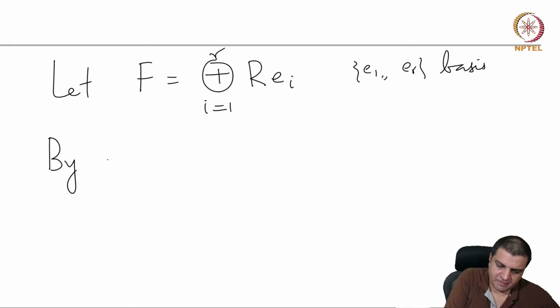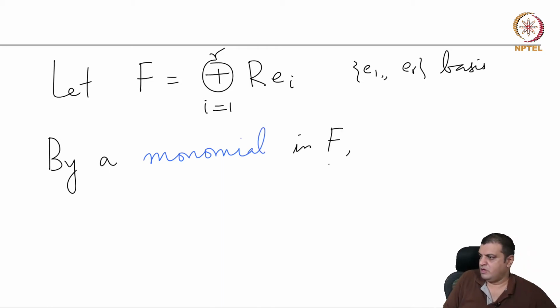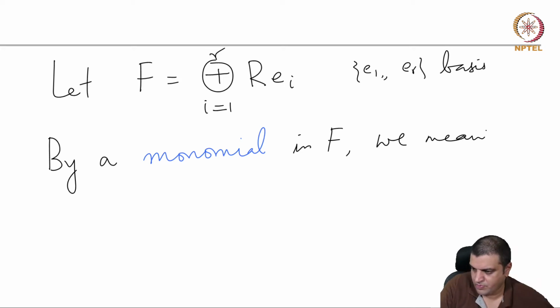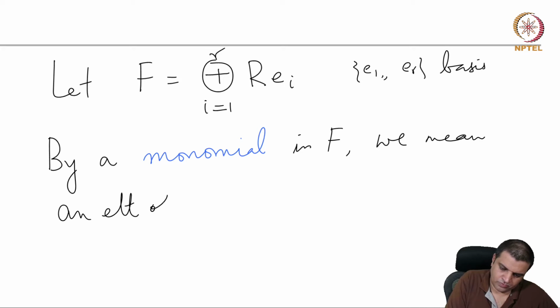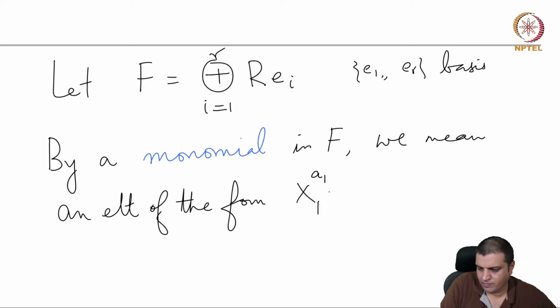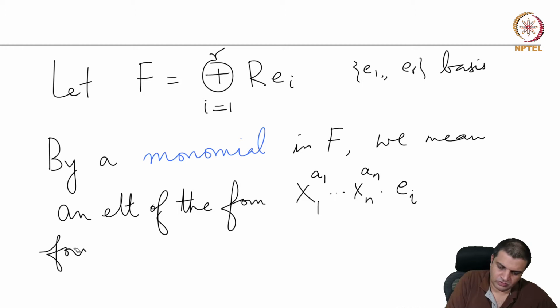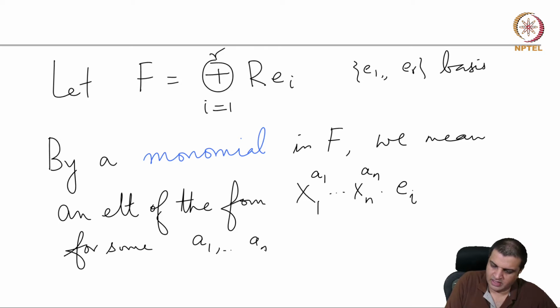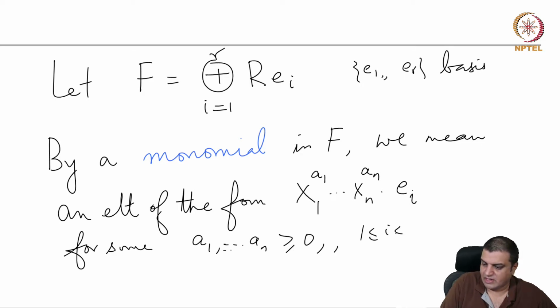By a monomial in F, okay, we mean an element of the form, okay, a monomial in R times a basis element, for some a_1 through a_n non-negative, okay, all of them non-negative, and 1 ≤ i ≤ r.